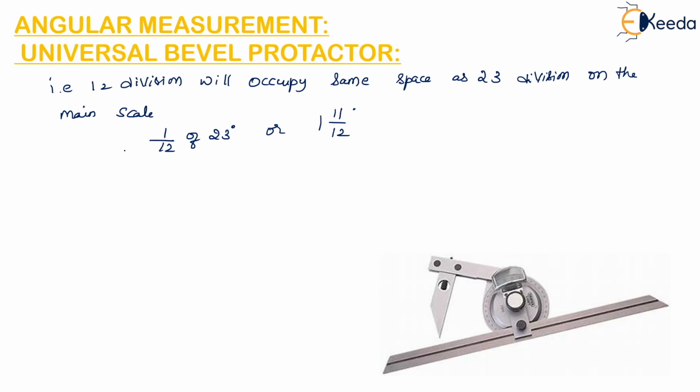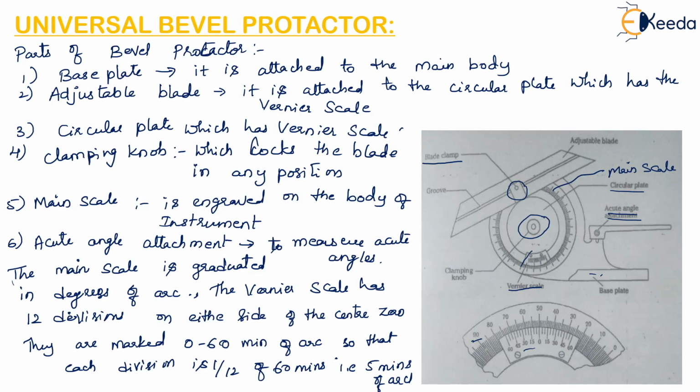If the 0 graduation on the vernier scale coincides with a graduation on the main scale, then the reading is in exact degrees. So if this is the vernier scale, and the 0 degree is coinciding with the 0 of this main scale, then we can say that the readings are in exact degrees.